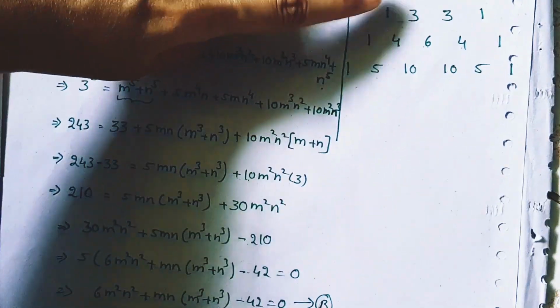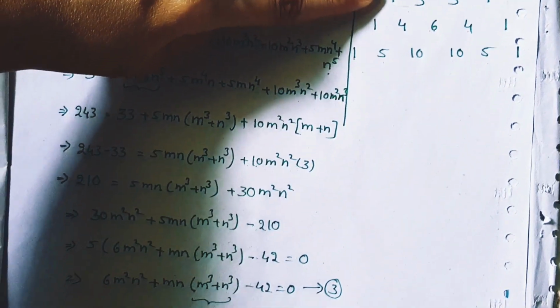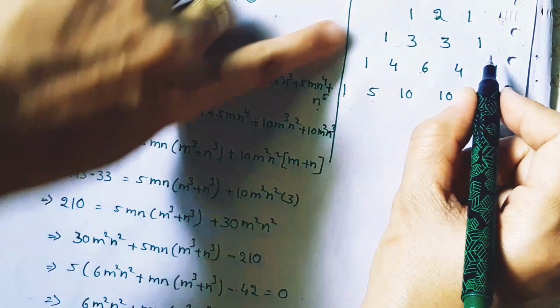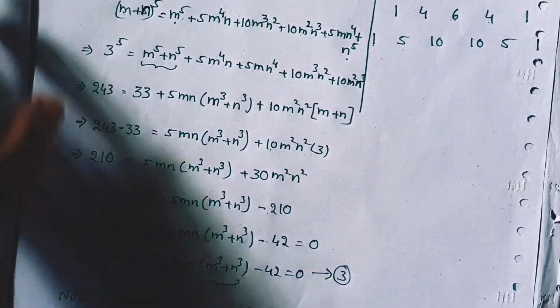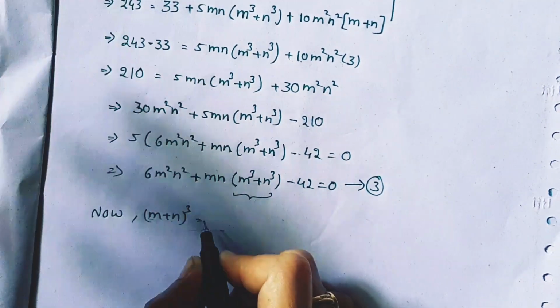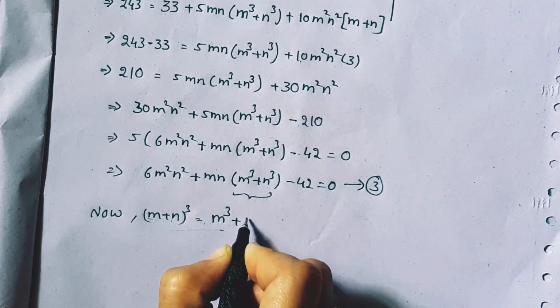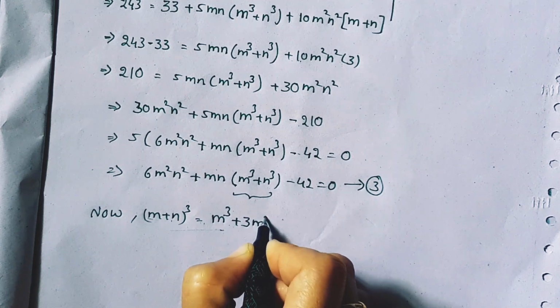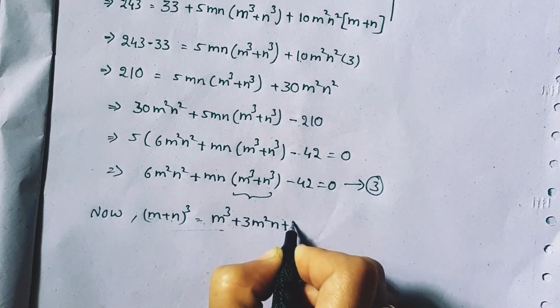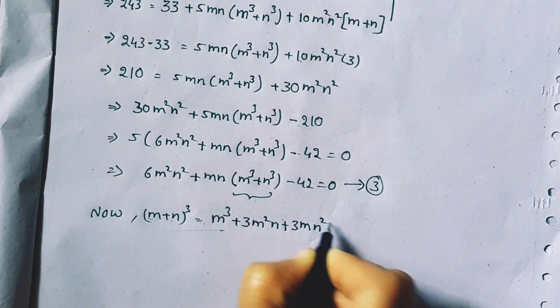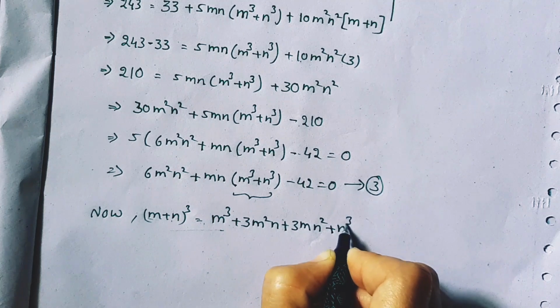Just look at here. Okay, so 1 3 3 1 in this process means 1 means m cube plus 3m square n plus 3m n square plus n cube.